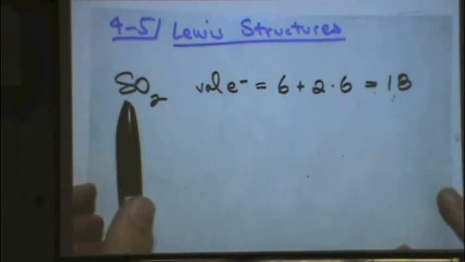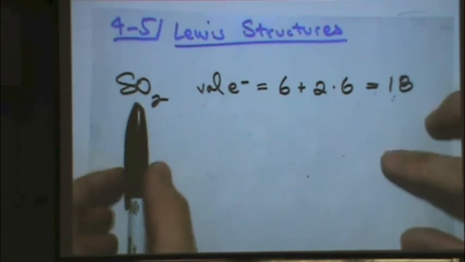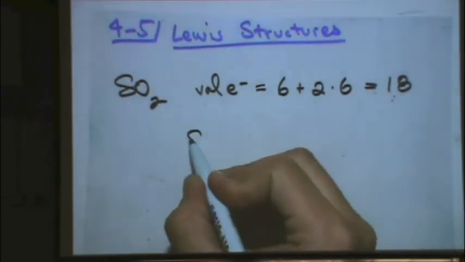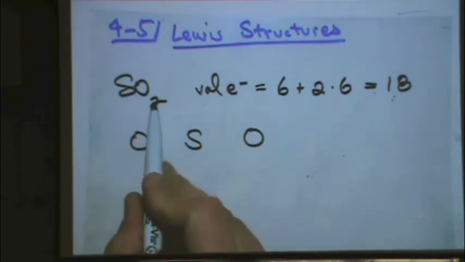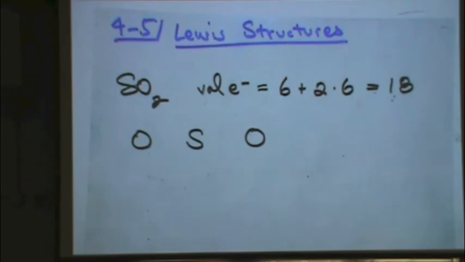The atom listed first is the center atom, and the atoms listed afterwards, like 2 oxygens or 5 oxygens, are around the first one. So sulfur is in the middle, and there are 2 oxygens around it.